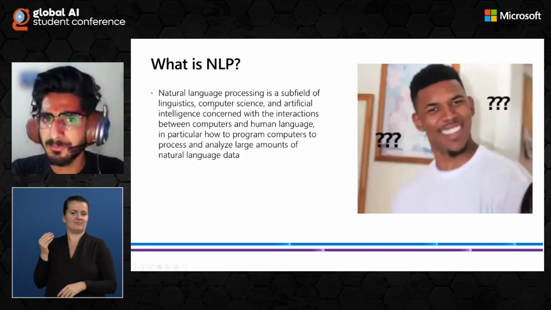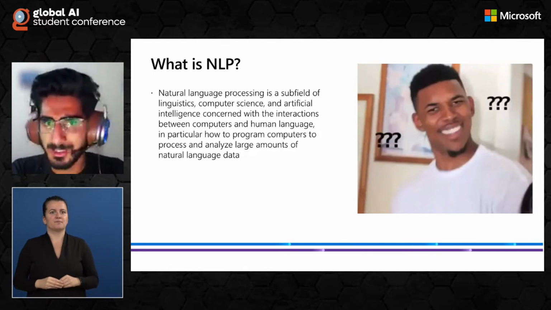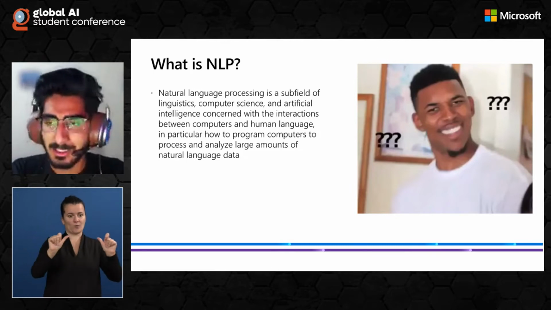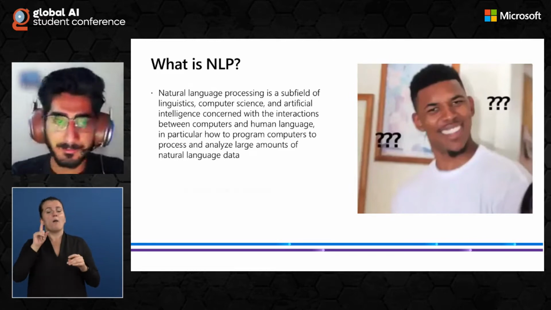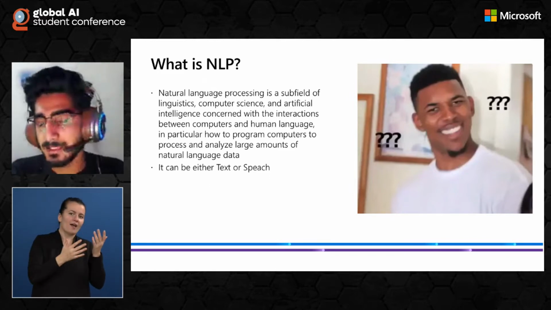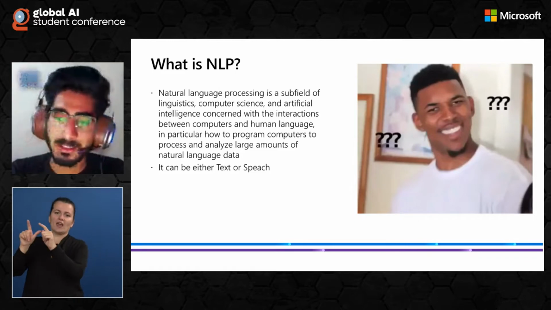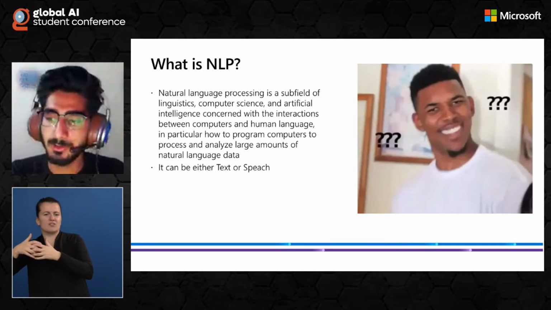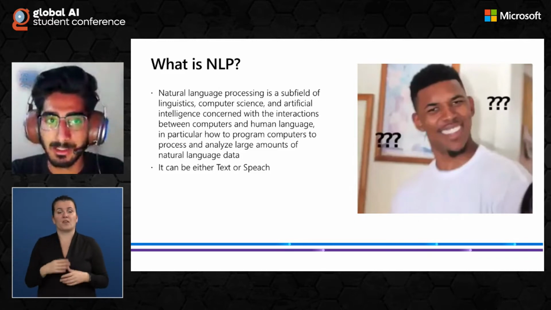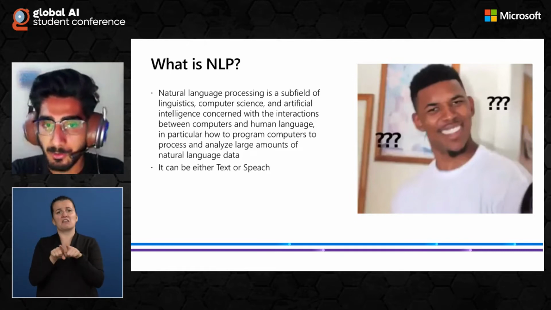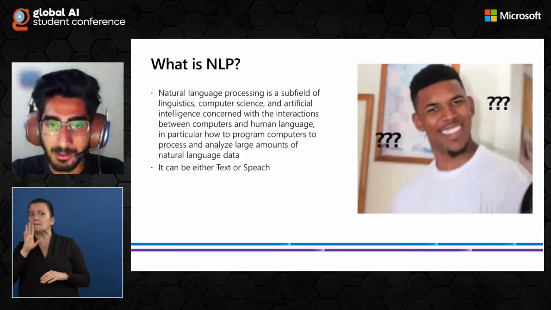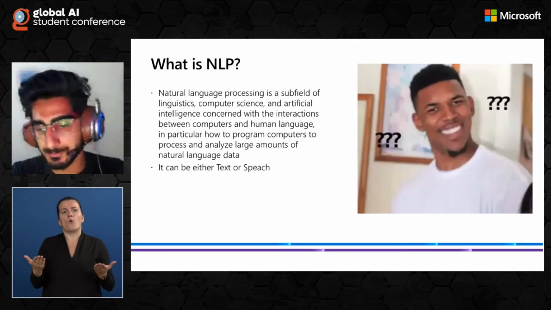It's a subfield of linguistics, computer science, and artificial intelligence. It like overlaps all of these domains, and it can be either text or speech. Like, it's not only that you're dealing with textual data in NLP. There's also an audio or speech part in the NLP space.